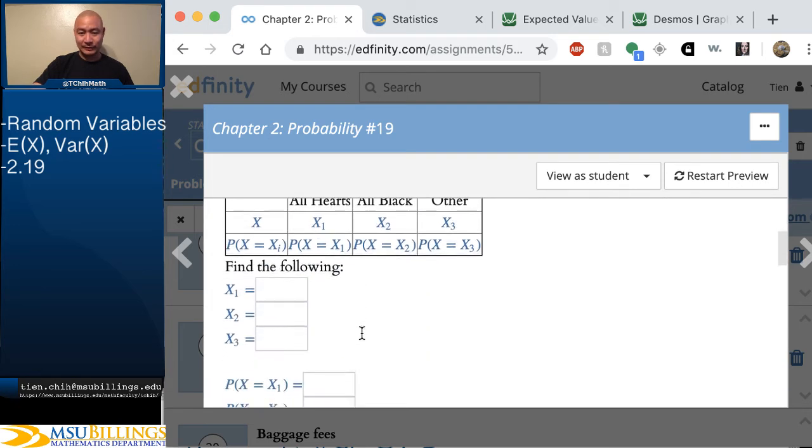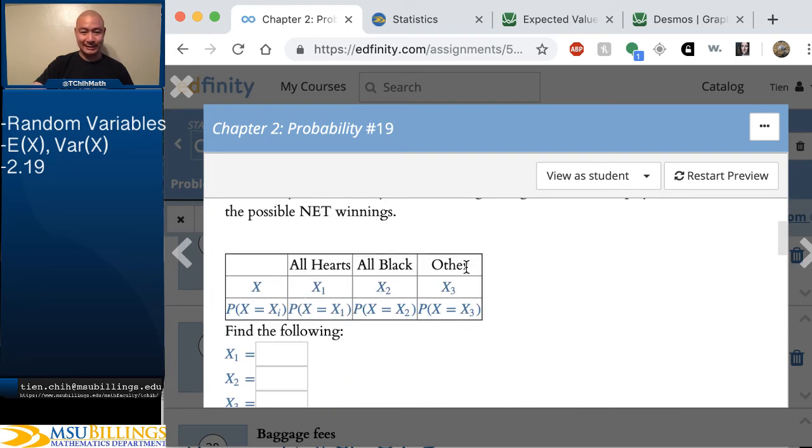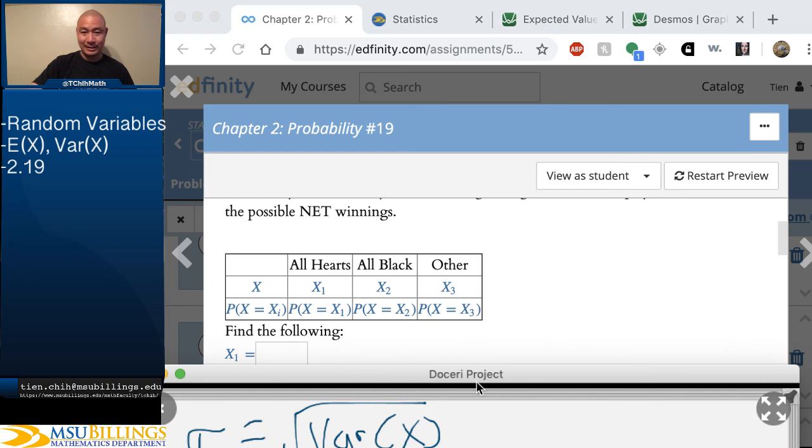So what we want to do is fill out this table, just like we were doing before, with all of the possible xi's and their probabilities. And we've associated each one of these columns with an event: all hearts, all black, everything else. All right, so let's go ahead and think about what all of this might be.